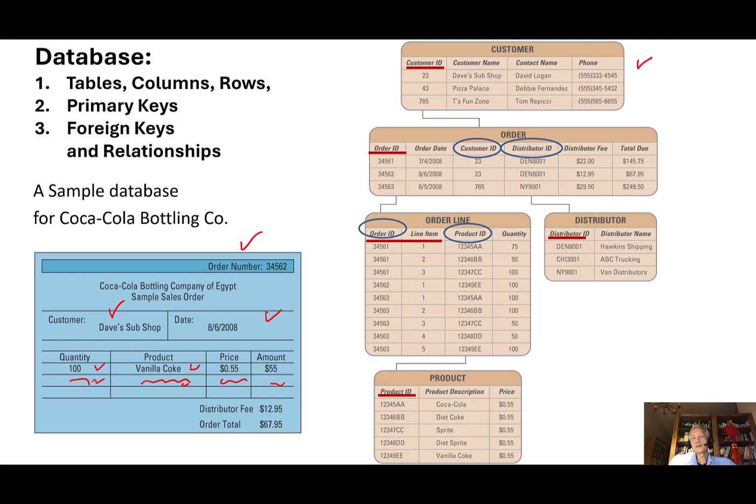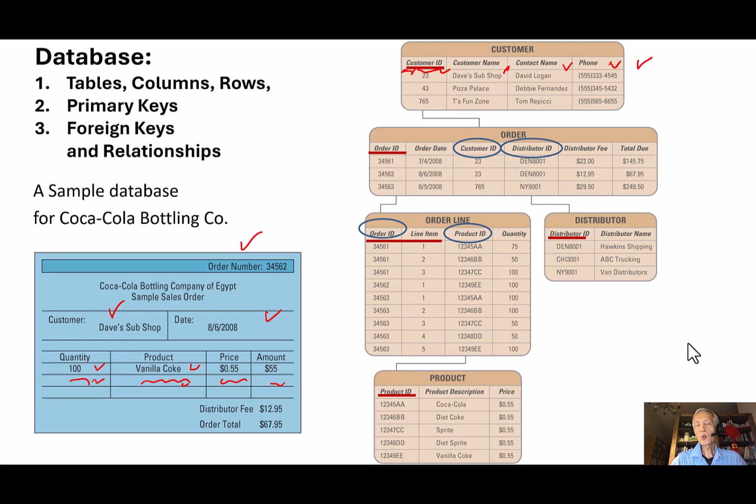We have a customer table with basic customer information, including customer ID, customer name, contact name, the primary contact person of the company, and the phone number. Here I'm using the notation to underline the column or columns used as the primary key. So customer ID is the primary key in this case for the customer table.